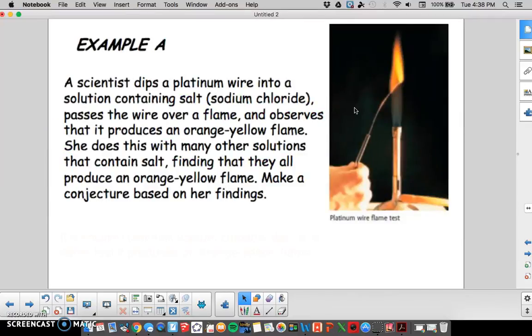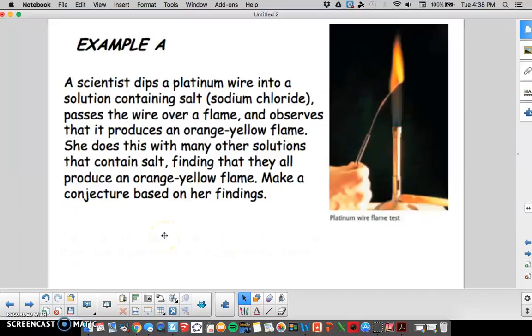So in this example, this is a science example. A scientist dips a platinum wire into a solution containing salt, sodium chloride, passes the wire over a flame, and observes that it produces an orange-yellow flame. She does this with many other solutions that contain salt, finding that they all produce an orange-yellow flame. Make a conjecture based on her findings. So again, just like a hypothesis in science, we're making a conjecture.